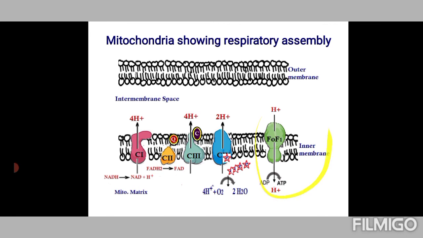So that is the role of this particular complex here, F0F1 or ATP synthase, which is also called complex 5. This generation of ATP using proton motive force is done by this F0F1 complex, and is explained by chemiosmotic theory, which we will discuss in a future lecture.